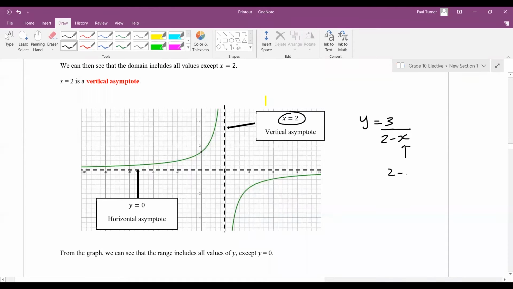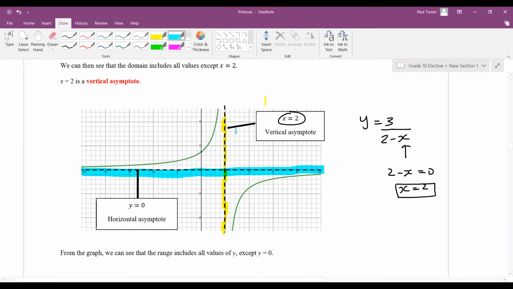So I went 2 minus x equals 0. Therefore, x equals 2. That's your vertical asymptote. That's how I got this line here. That's your vertical asymptote here. All right. And in this case, your horizontal asymptote is the axis again along here. You're probably wondering how to do that.